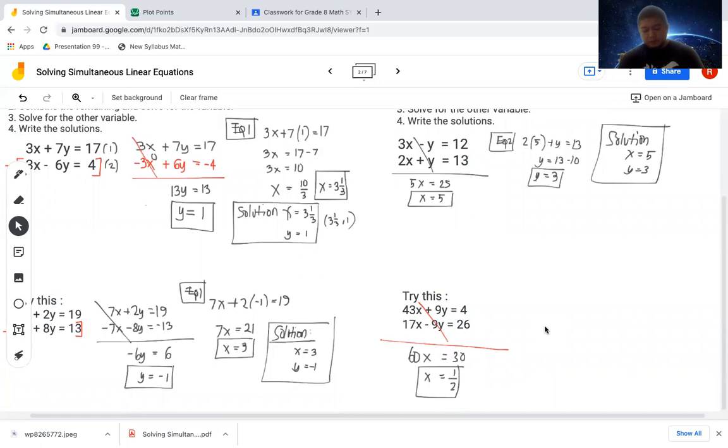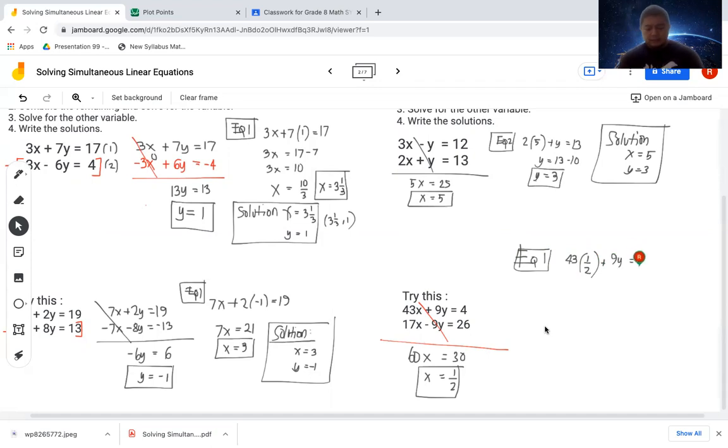Substitute it to, let's say I want the first equation. So I'll just use equation number 1. So in equation number 1, we have 43 times half. Okay. Plus 9y is equivalent to 4.